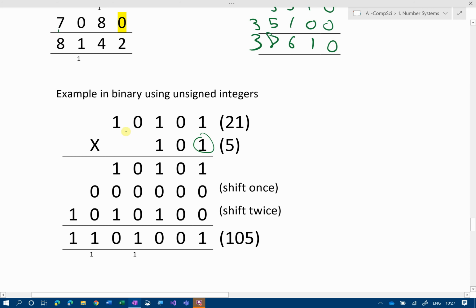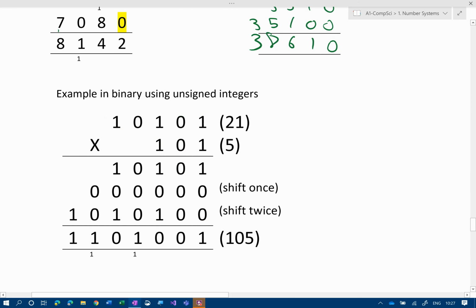I've got a 1, so I'm just writing out this number again. I'm doing the 0 next, which I could just ignore that row completely. And then I'm doing the 1, so I'm shifting twice in this one, and then writing the top number out.